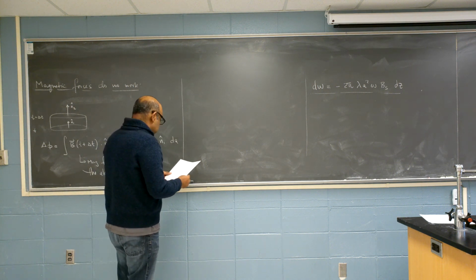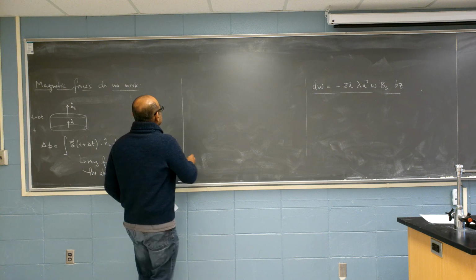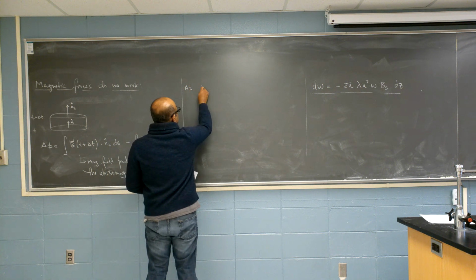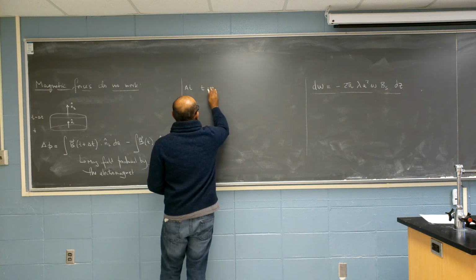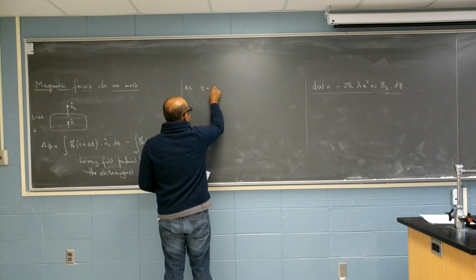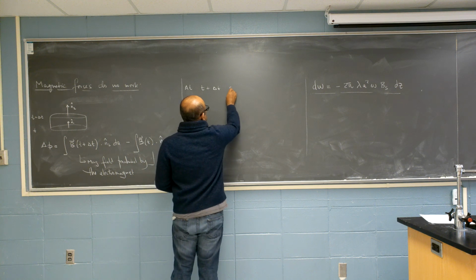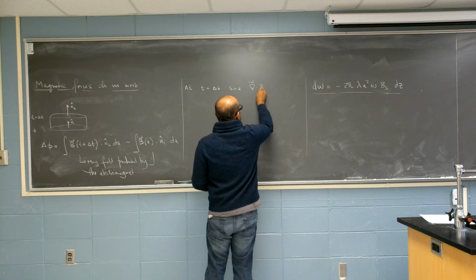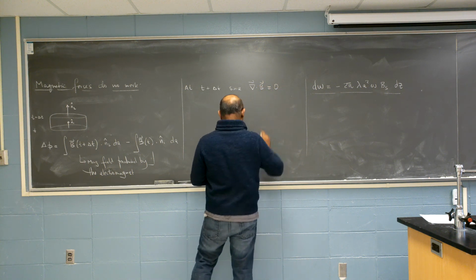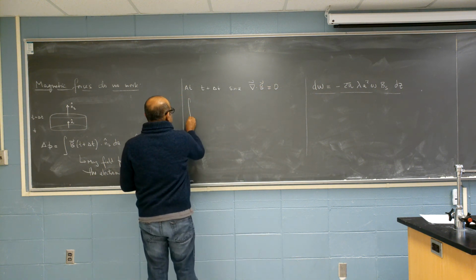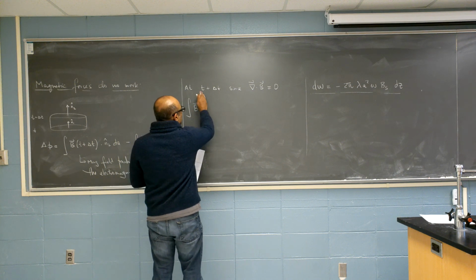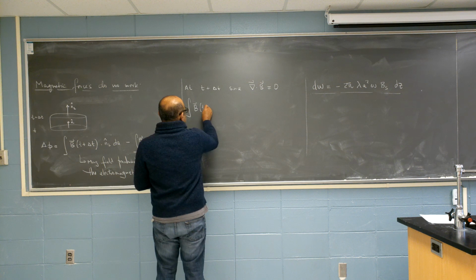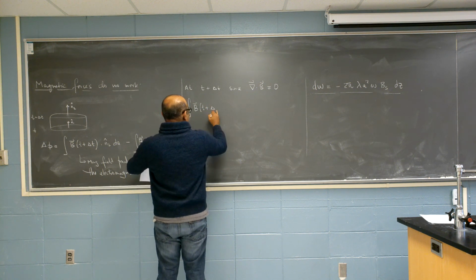Okay? So then what I'm going to do is, at t plus delta t, since divergence of B equals 0, I'm going to get B, all evaluated at t plus delta t. This statement is going to be independent of this.